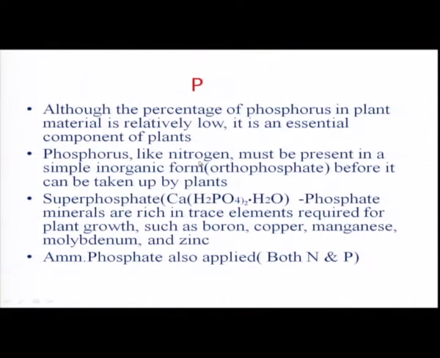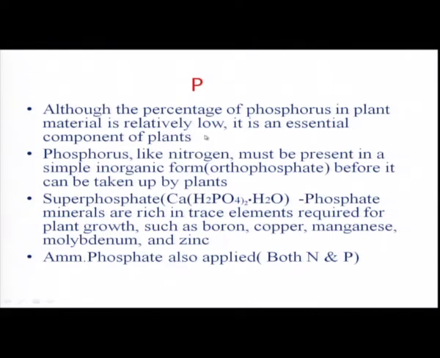Phosphorus, like nitrogen, must be present in a simple inorganic form, usually the orthophosphate component or phosphoric acid, before it can be taken up by plant material. So, the ideal form of phosphorus is orthophosphate, which can be taken up by plants very easily, as in the case of nitrogen as nitrate.